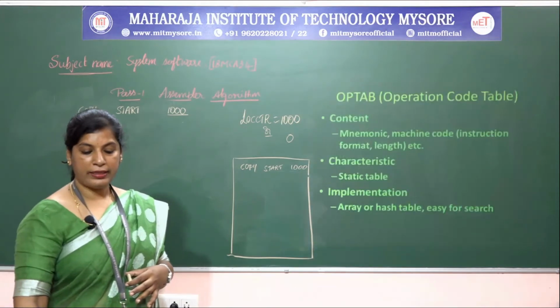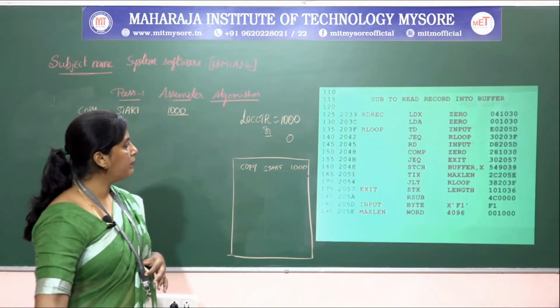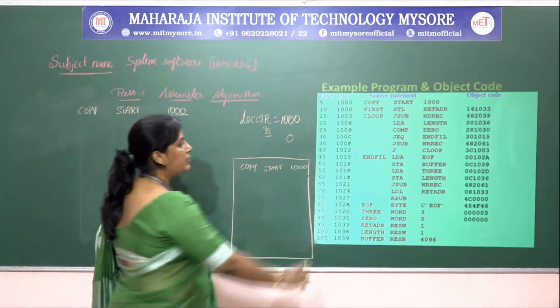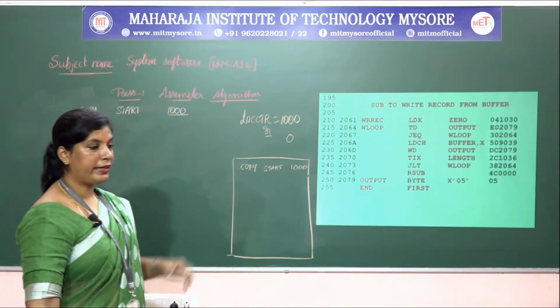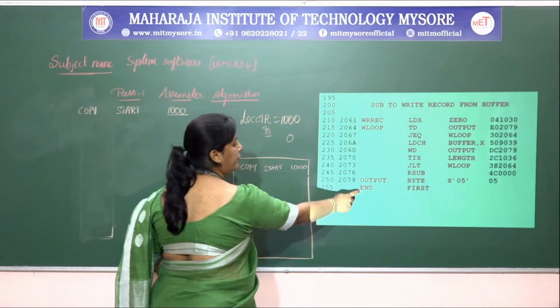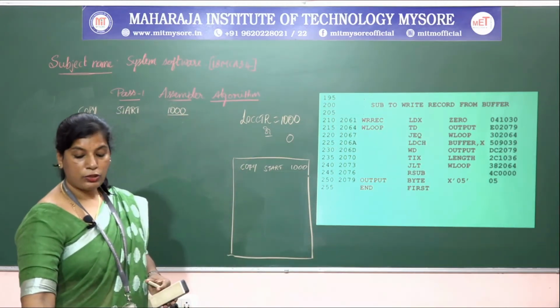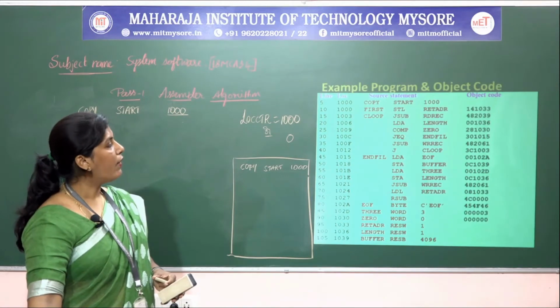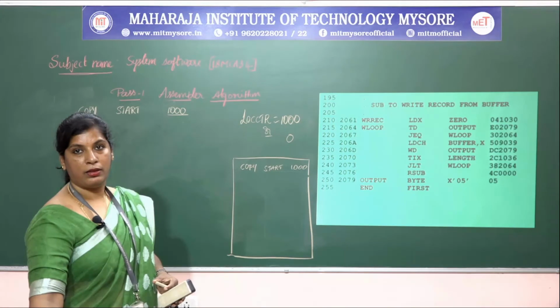You can observe that the program starts with the START assembler directive and ends with the END assembler directive. So we have to process all the instructions from START to END one by one.